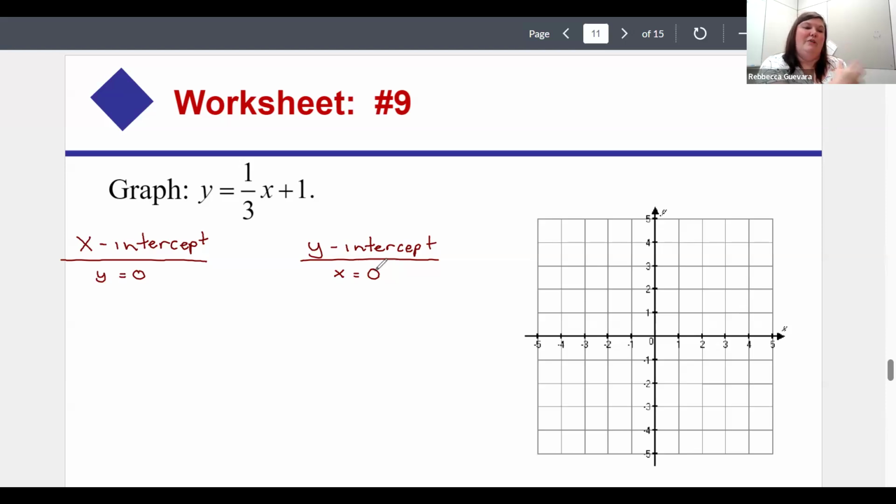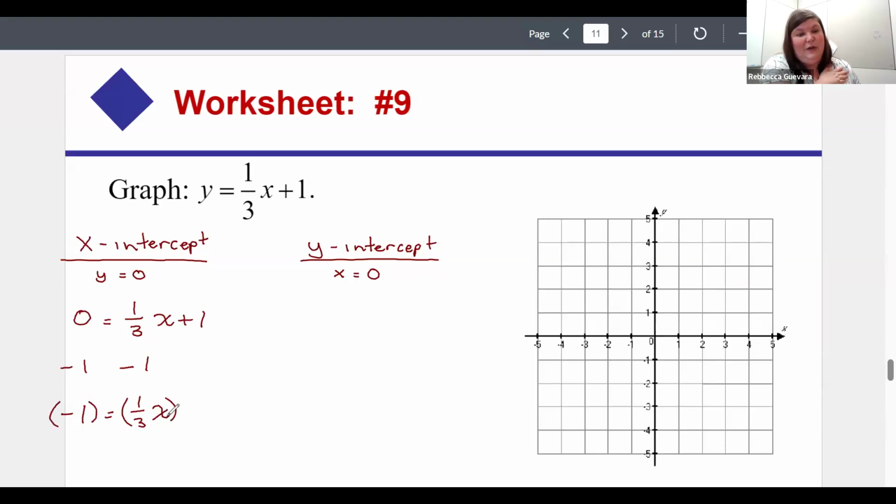So once again, if we want our x-intercept, we're going to set y equal to 0. So we have y equals 1/3 x plus 1. Now it's going to be 0 equals 1/3 x plus 1. So we want to isolate that x and solve for it. Subtract 1 from both sides. We have -1 equals 1/3 x.